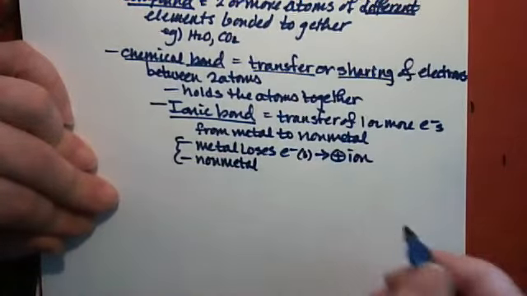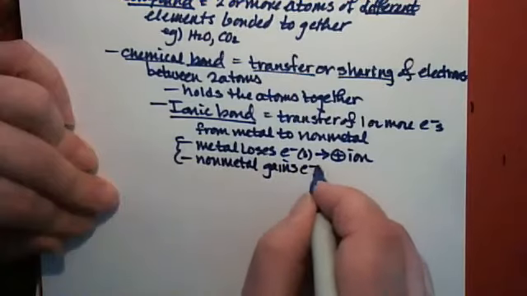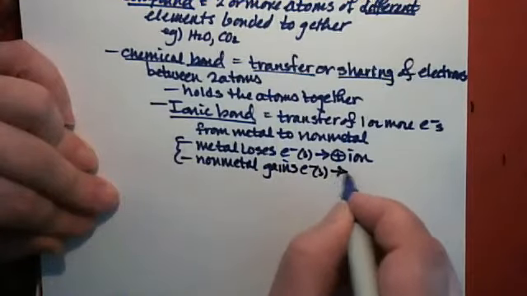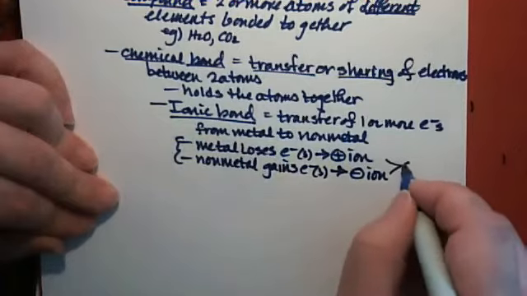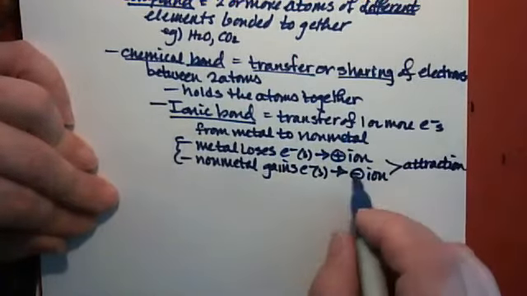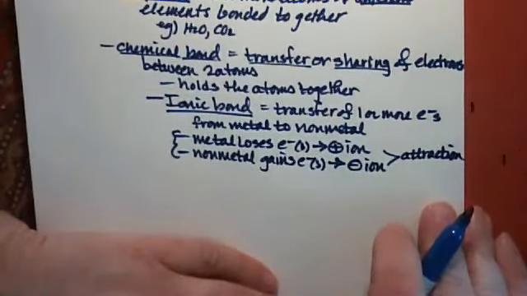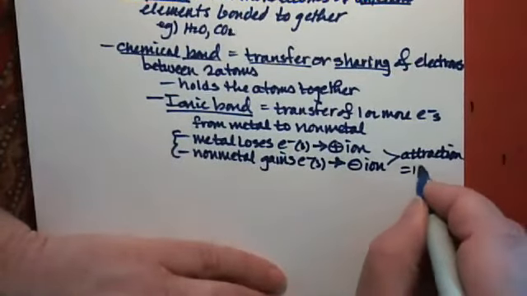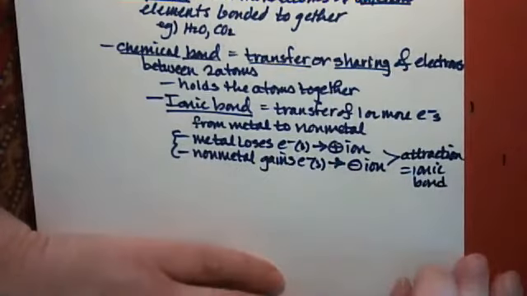And the nonmetal gains one or more electrons to form a negatively charged ion. And the positive ion and the negative ion, because they have opposite charges, are now attracted to each other. And that attraction is known as an ionic bond.